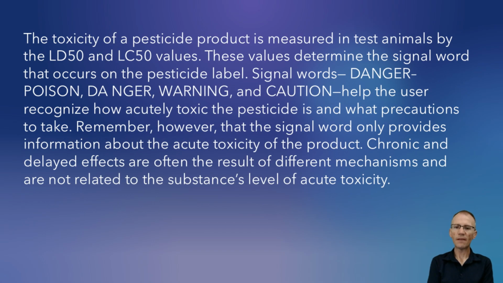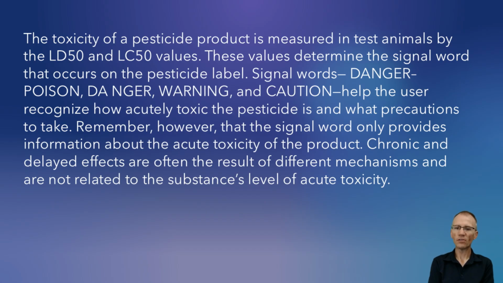The toxicity of a pesticide product is measured in test animals by the LD50 and LC50 values. These values determine the signal word that occurs on the pesticide label. Signal words include danger poison, danger, warning, and caution, and help the user recognize how acutely toxic the pesticide is and what precautions to take.